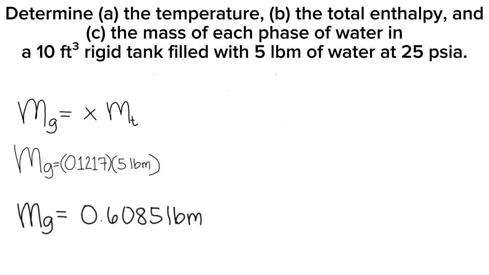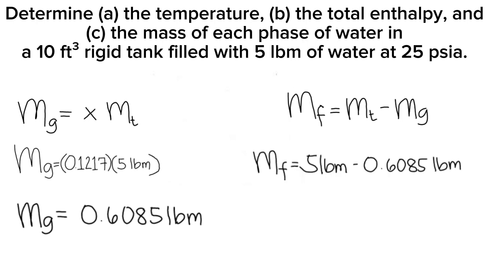And lastly, we are going to solve the mass of liquid, and the formula for the mass of liquid is equal to the total mass, which is 5 pound mass, minus the mass of vapor, which is 0.6085 pound mass, and the mass of liquid is 4.3915 pound mass.